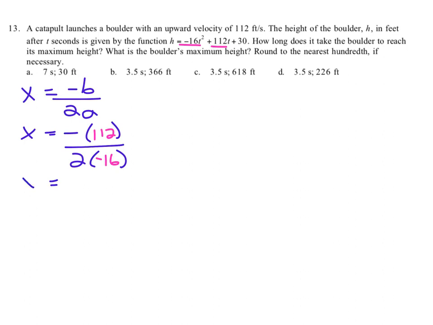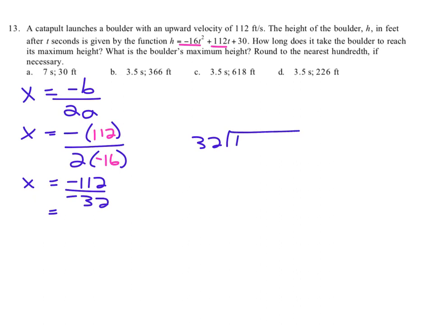So we've got -112 over -32. The negatives cancel out, and we've got 112 divided by 32.